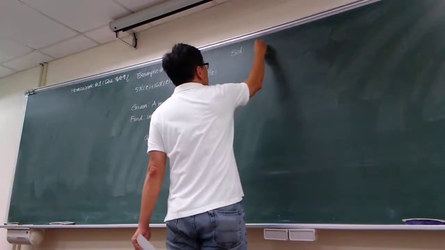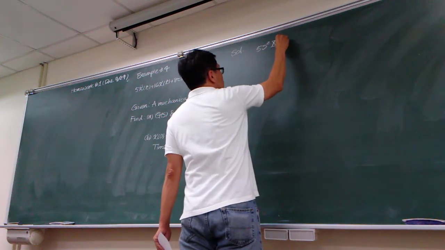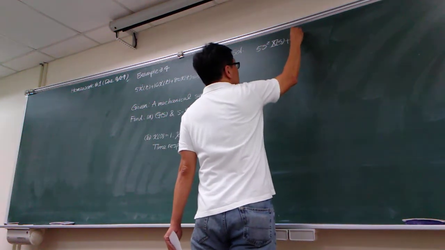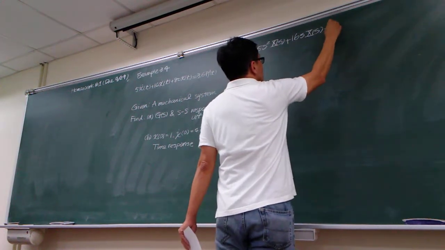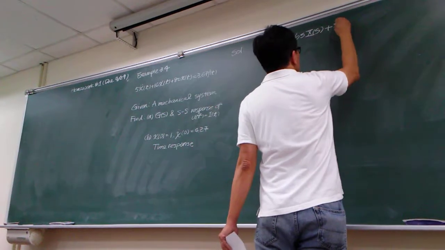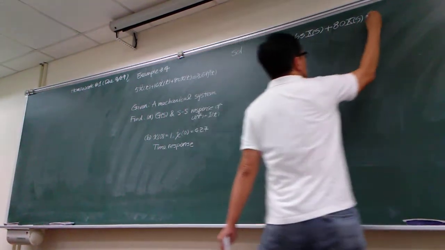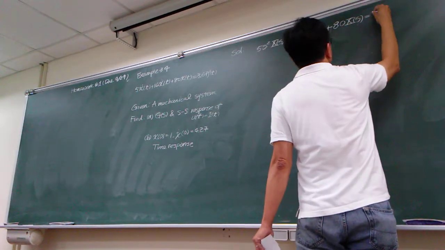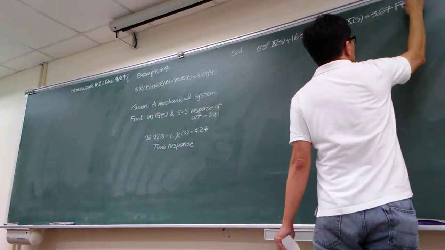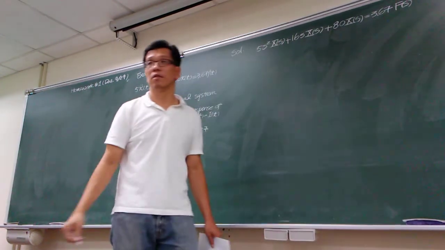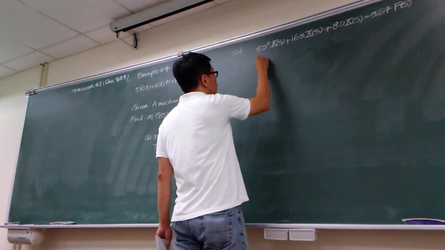So over here, we are having 5 s squared X of s plus 16 s X of s plus 80 X of s equals 3.67 F of s.